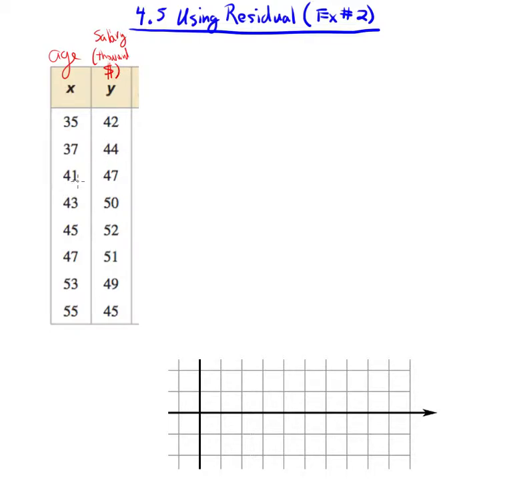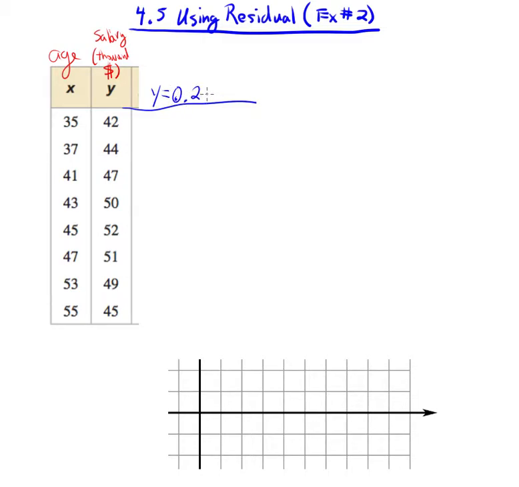So this person who is 41 made $47,000, and this person, 55, made a salary of $45,000.